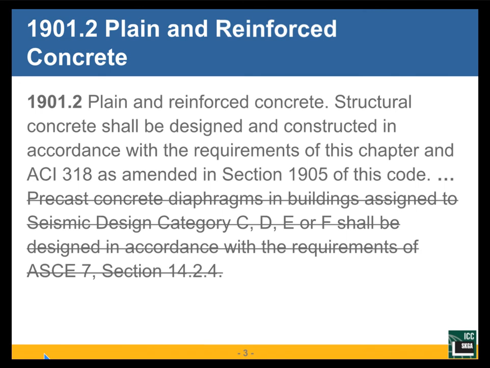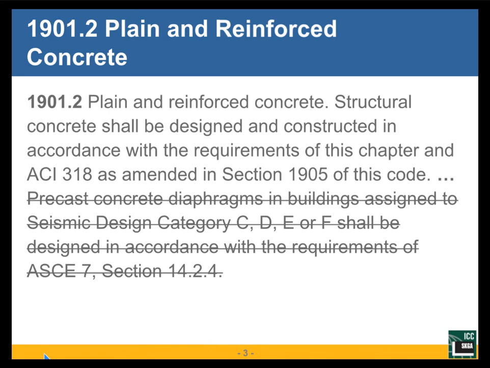This is why we put in this one sentence requiring that although chapter 14 is not adopted, section 14.2.4, where we place the design requirements for precast diaphragms, be used.